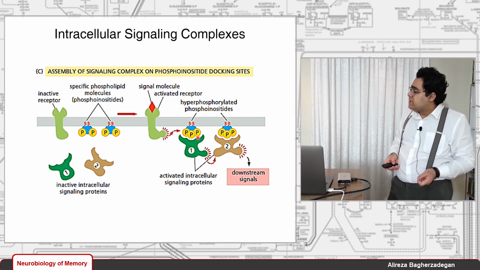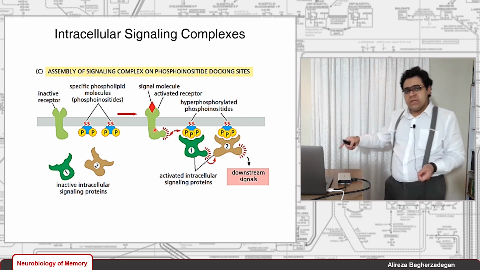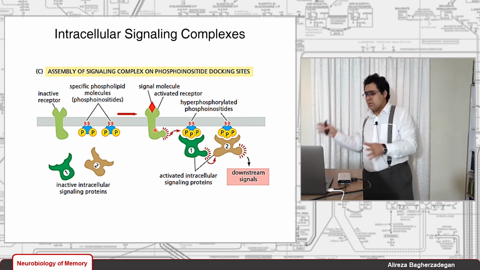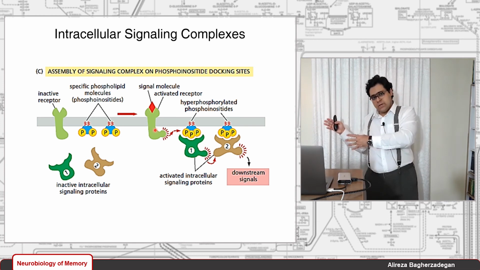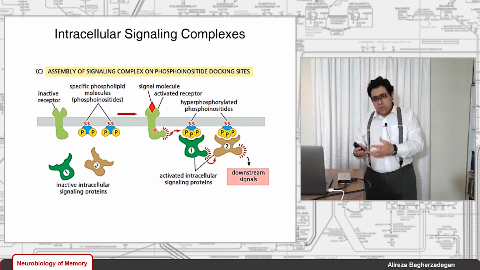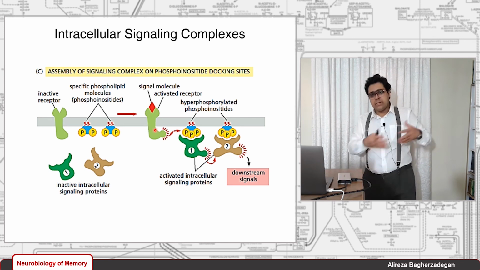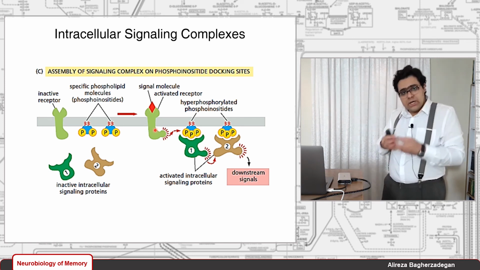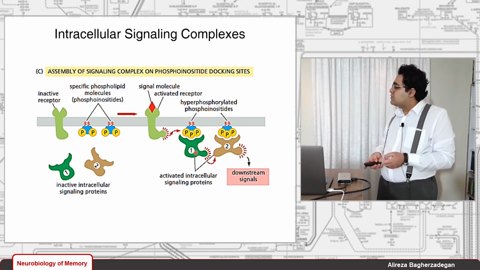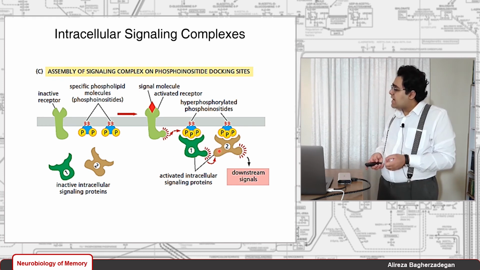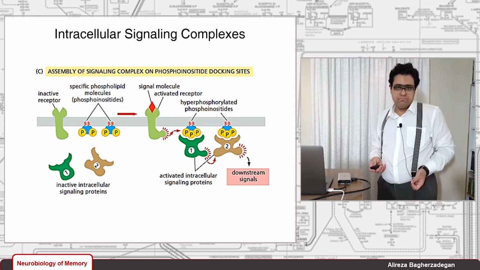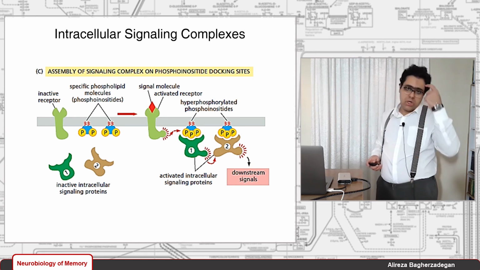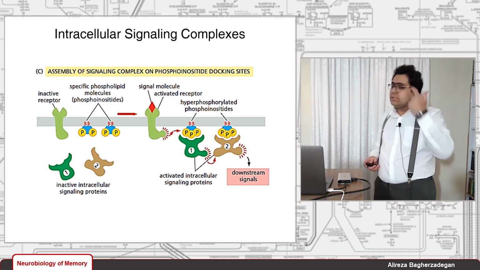So, again, the receptor is activated. It phosphorylates those phosphoinositides. When they're hyperphosphorylated, they act as a docking site for those intracellular signal proteins, and they activate each other in sequence, and again they go and work in downstream signals. This is how intracellular signaling complexes work.